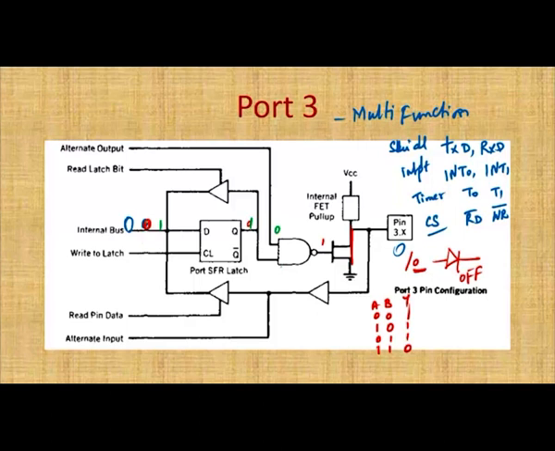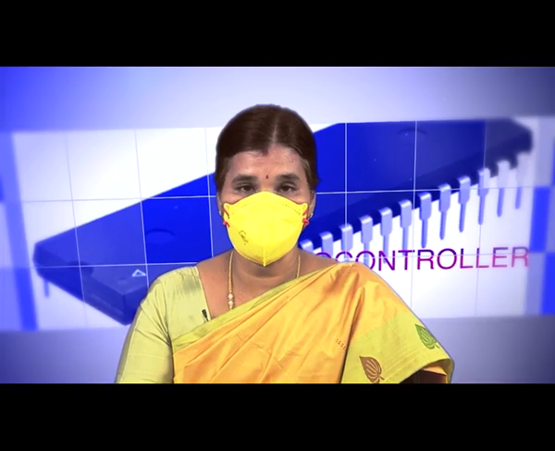If you are passing 0 to write on the LED, it goes to 0, which is off. Suppose you are giving the value 1, then the D flip flop is 1 and the NAND gate becomes 0. Now the existing pull up value becomes 1. If it is 1, the transistor is in the on condition. So, if you are giving 0, the transistor goes off; if you are giving 1, the transistor is on. This is a write operation.